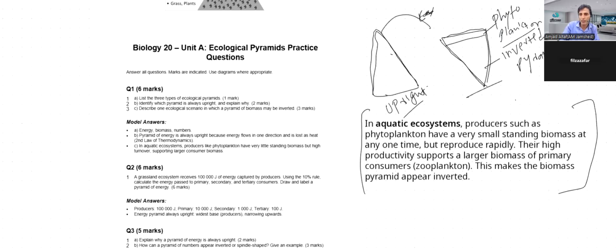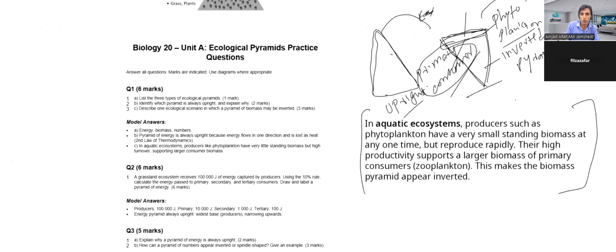And if the number of plants is larger there, the primary consumer will also grow because the food is available. Once they are growing, they are a bit larger in size, and those primary consumers will be utilized.